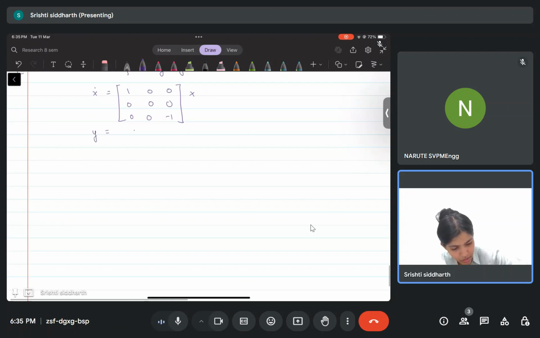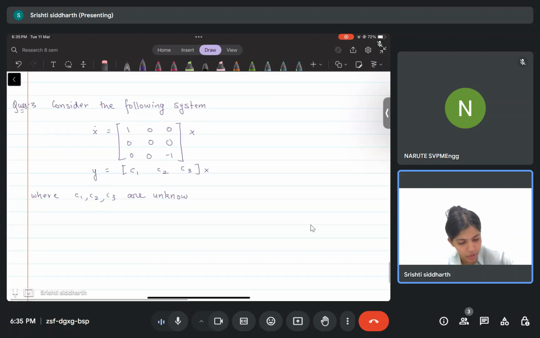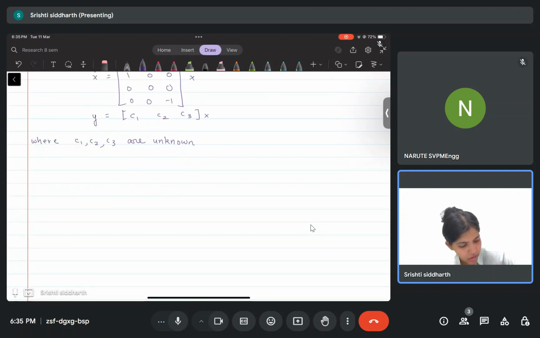The output as well: y equals C1, C2, C3 times x. Here C1, C2, C3 are some unknown variables. So we have done a similar problem for the case of controllability as well. So these are some unknown variables.